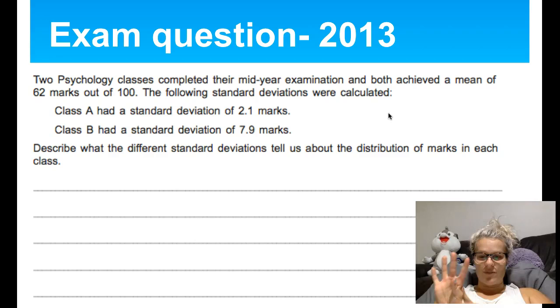This question has 4 marks to it, which means you need to be giving me 2 answers explained. So you need to explain Class A's standard deviation, and then you need to be explaining Class B's standard deviation. So just pause me and then do your answer, and then I'm going to move on to the answer. So quick pause.